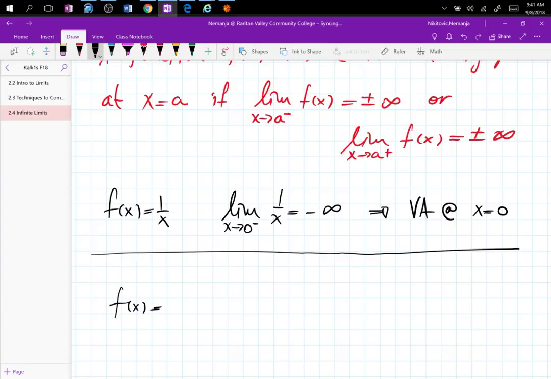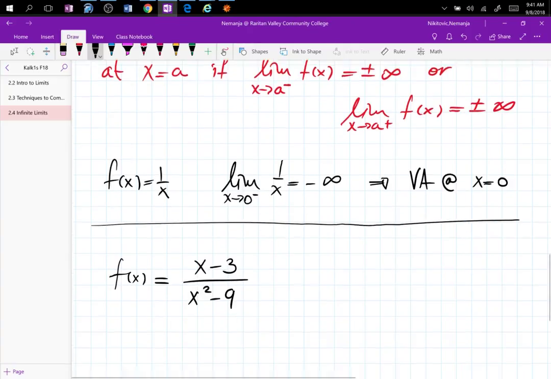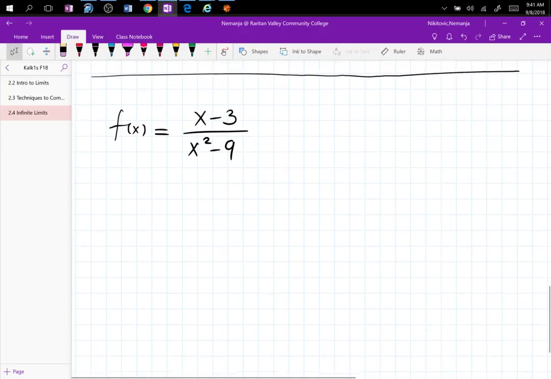Let's go with x minus 3 over x squared minus 9. So if you are to put your pre-calculus thinking hats on, and I ask you about the vertical asymptote or asymptotes, what would you say?